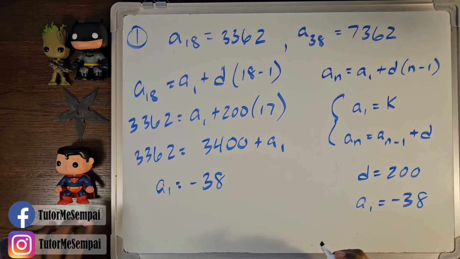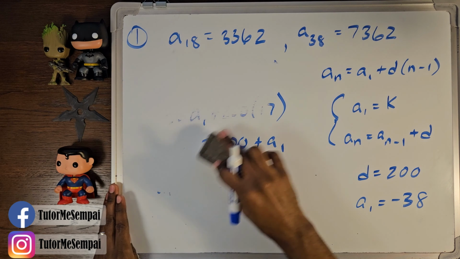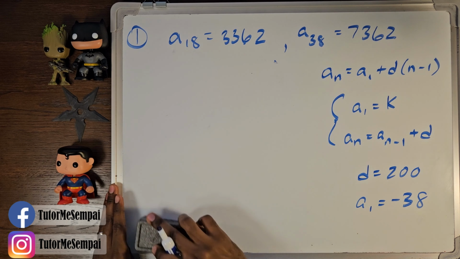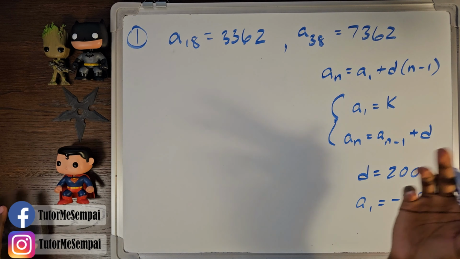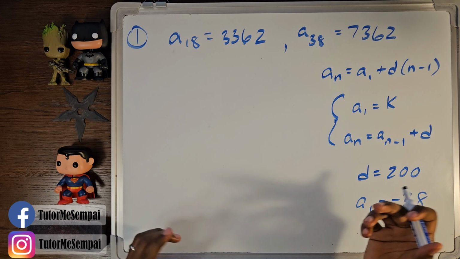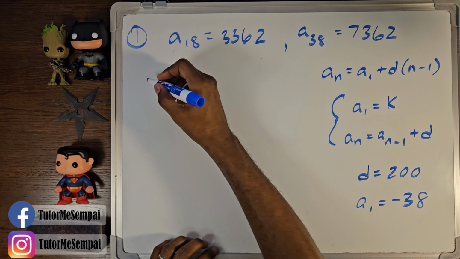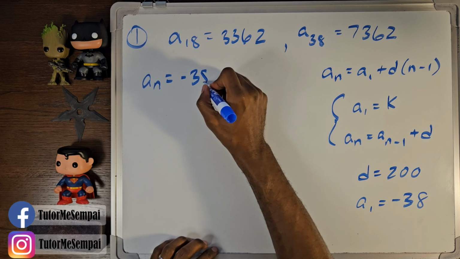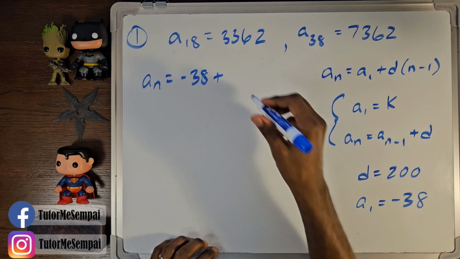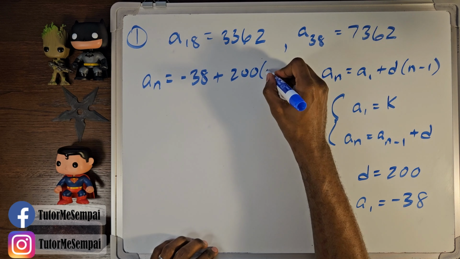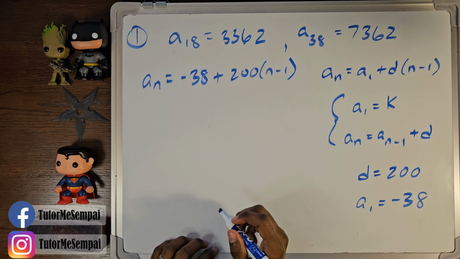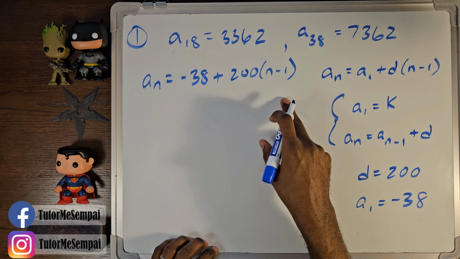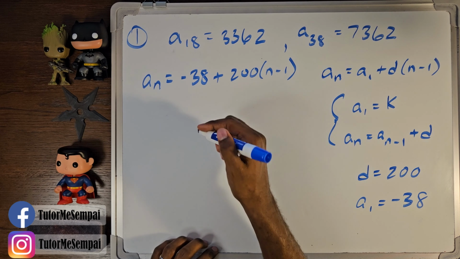We can fill in all the other missing numbers now to find both of our formulas. Starting with the explicit, although it doesn't really matter which you start with, we have a sub n equals our negative 38 plus our d of 200 times n minus 1. And this is fine to stop here, but you can simplify this a little bit.